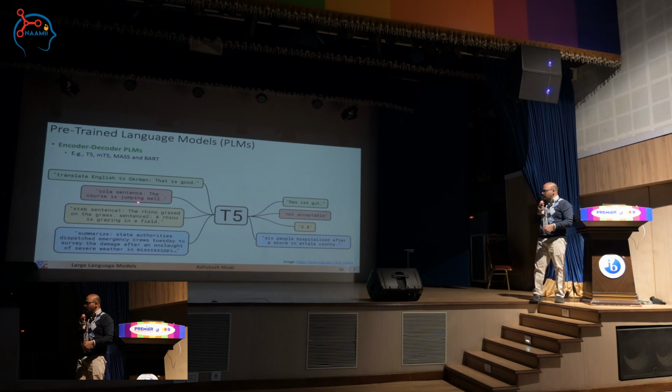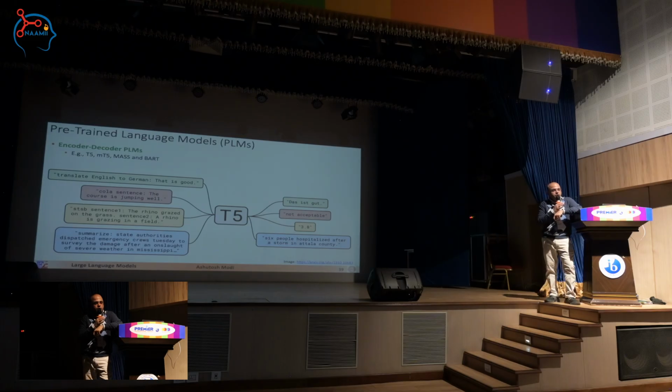But you can also do other things, like you can have this CoLA sentence. CoLA is a test for checking the linguistic acceptability of the model, basically, right? So here you want to check whether this sentence, the course is jumping well, is grammatically correct or not, right? Similarly, you can have summarize.